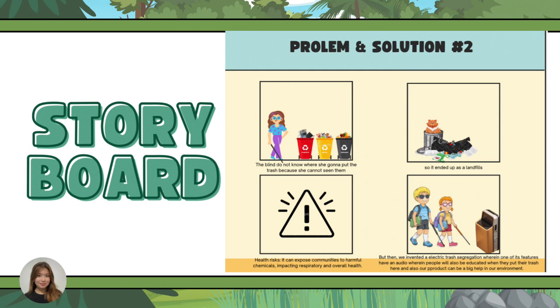So it will end up as landfill, which can be a problem for our health, mainly because of harmful chemicals impacting respiratory and, lastly, overall health. So with this scenario, our E-Busurahan, or our electronic trash segregation, has one of its features: it has an audio wherein everyone, especially children and differently abled people, will be educated on what can help our environment.